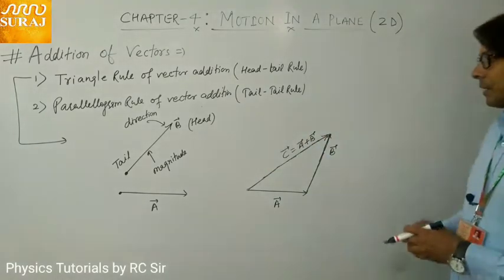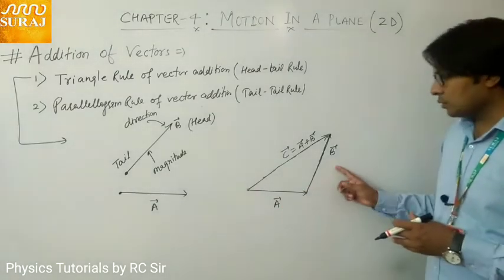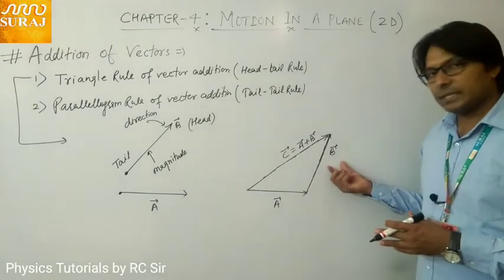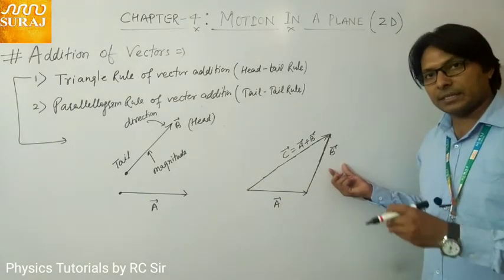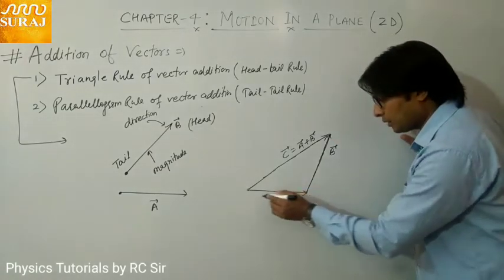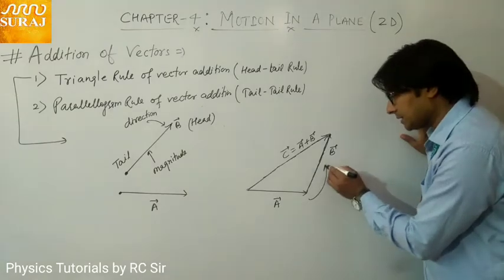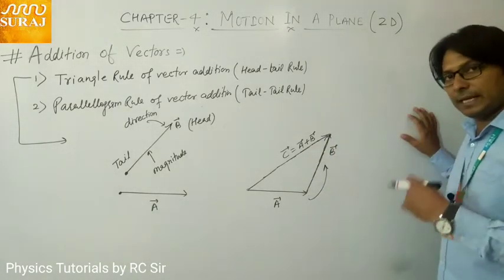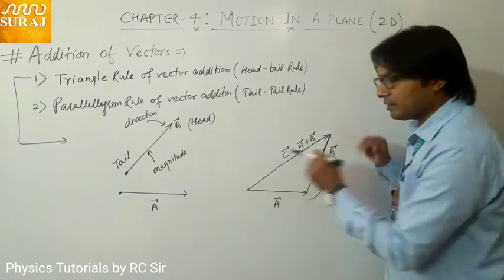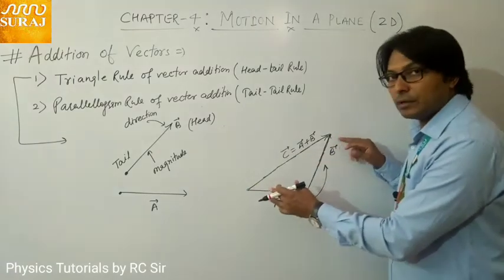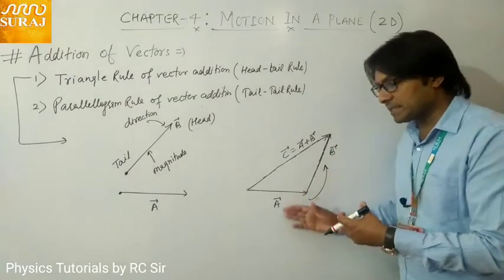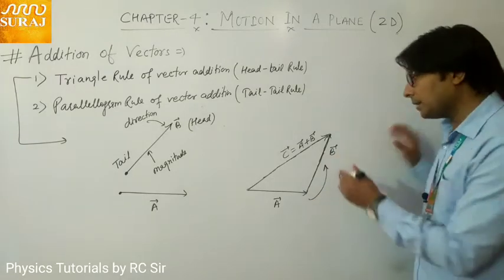So you will say, if two sides of a triangle represent the two vectors in their magnitude and direction in a particular direction in an order, we can say, because the order of A vector and B vector is in this direction, suppose anti-clockwise direction, then the resultant, or we can say the third side of that triangle, will represent the sum, or you can say the resultant of those two vectors, but in opposite order.